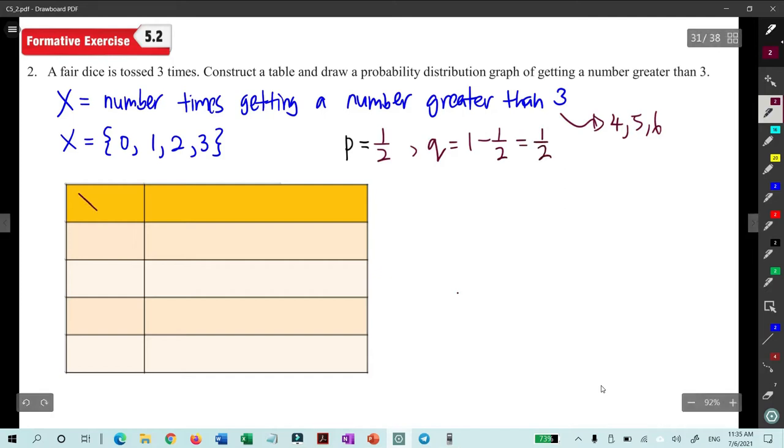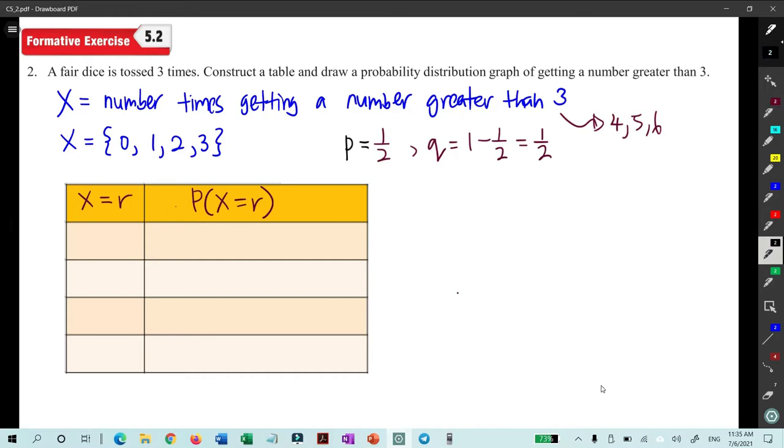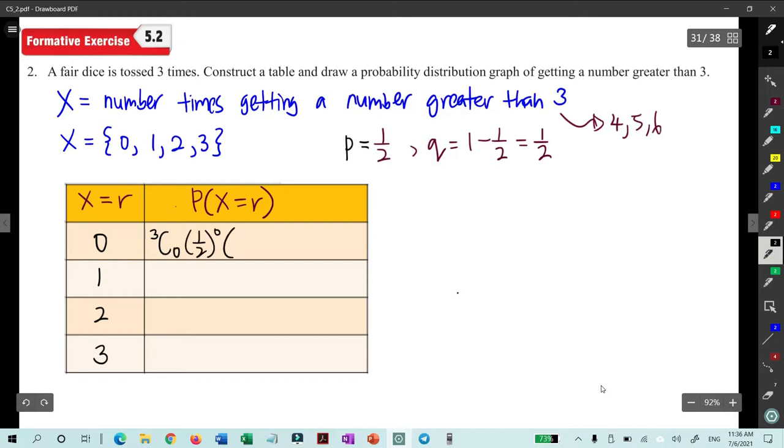In the first column, I'm going to write x equals to r, and in the second column I'm going to write the probability. So x can take these 4 values: 0, 1, 2, and 3. Next, let's calculate the probability. 3C0, 1 over 2 to the power of 0, multiplied by 1 over 2 to the power of 3.